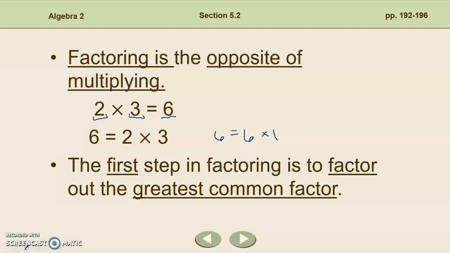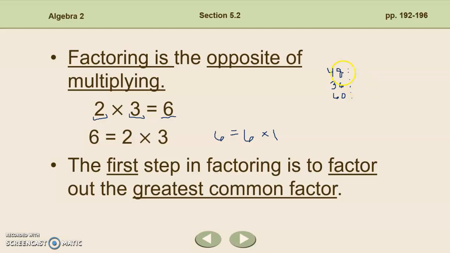So the first step in factoring is to factor out the greatest common factor. If you think about when you were given a list of numbers, probably back in the 5th or 6th grade, you might have been given numbers like 48, 36, and 60, for example. And you had to find the greatest common factor. What you probably did was list all the different factors.